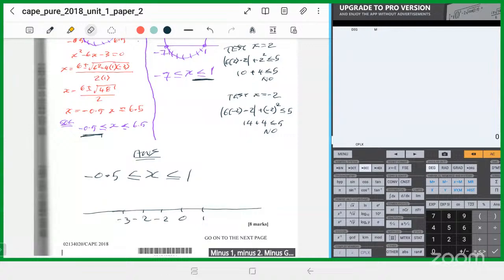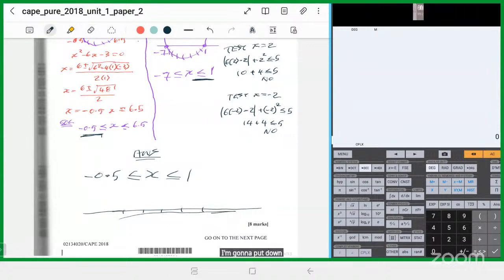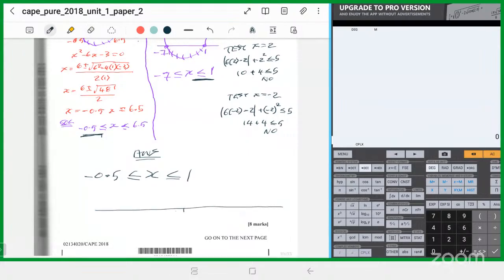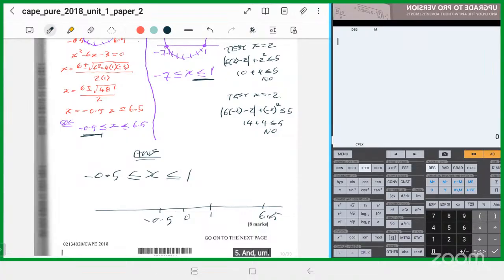Let's put on some values, keep it simple. So 0, 1, 6.5, -0.5, and -7.